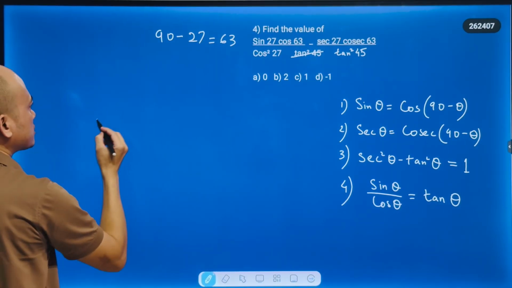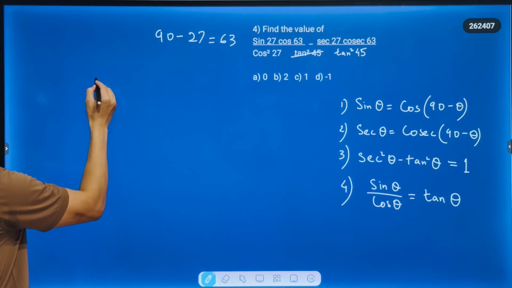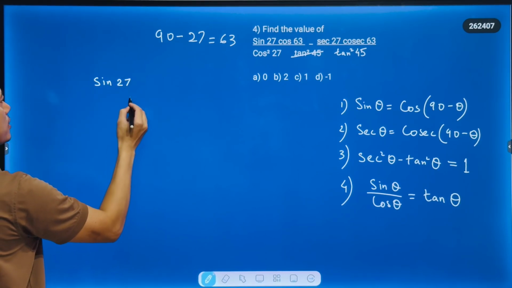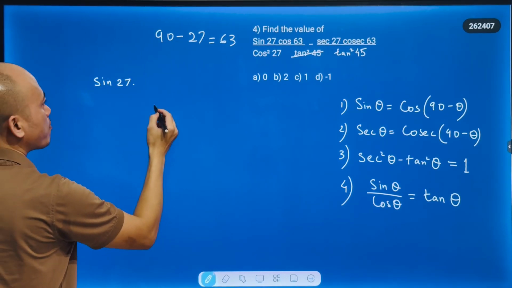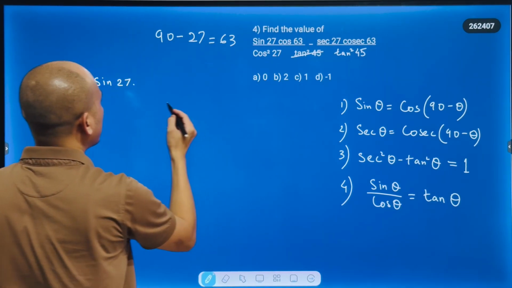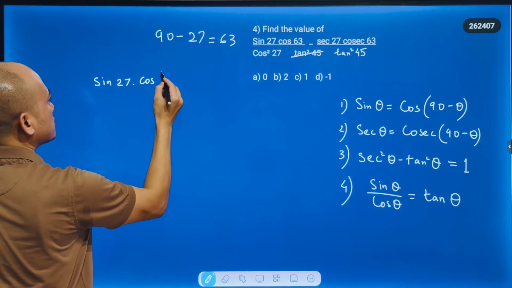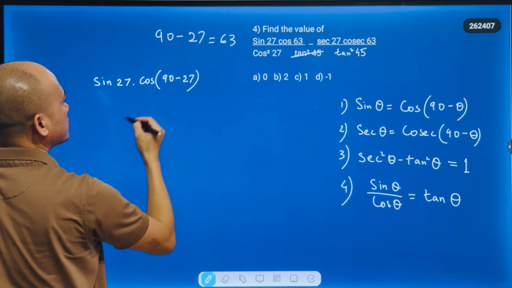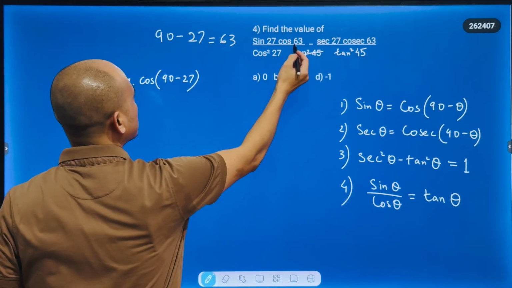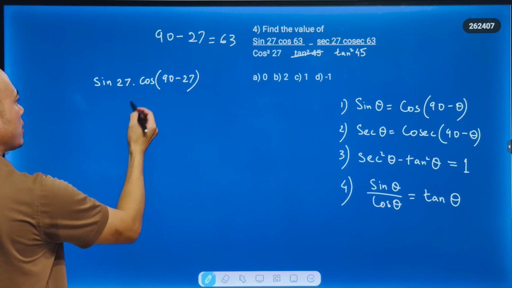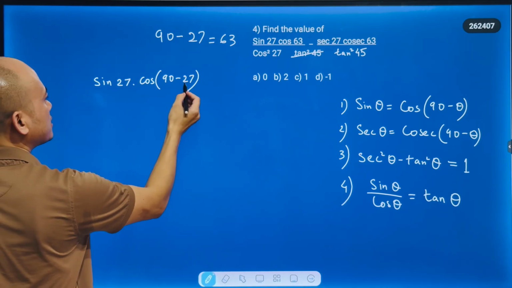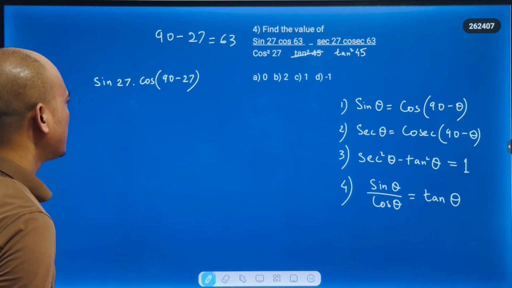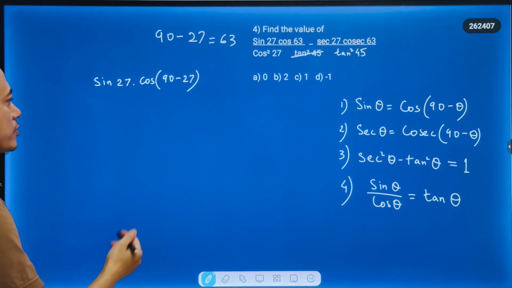So let's solve it. The upper part is sin 27 into cos 90 minus 27, because 63 is equal to 90 minus 27, so we can write cos 90 minus theta. Theta is nothing but this 27. Theta can be anything, 30, 40, 50 up to 90.